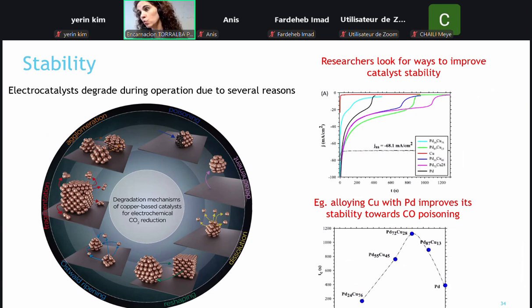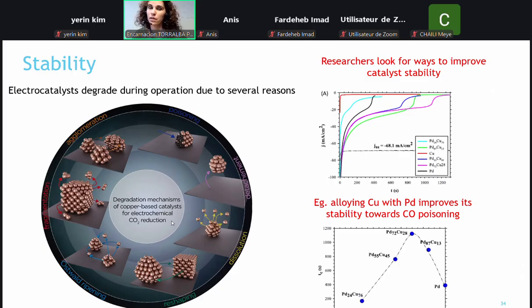And when you work with, for example, nanoparticles, this is especially for copper, nanoparticles can degrade, and catalysts can degrade in a lot of different ways. Here again it is for CO2 reduction, but it also happens with other reactions. Your catalyst can get poisoned. Why?